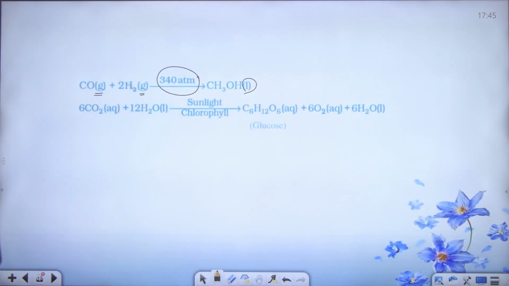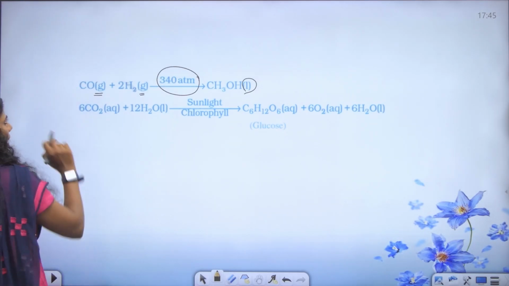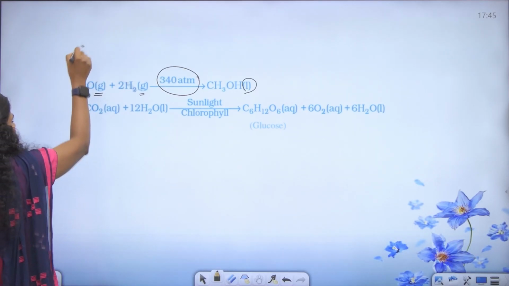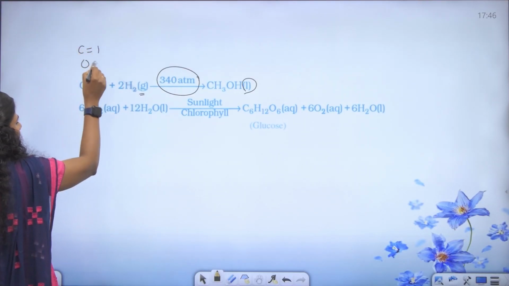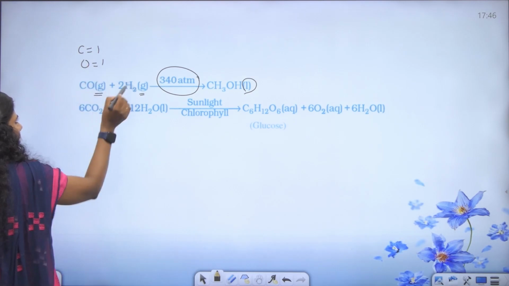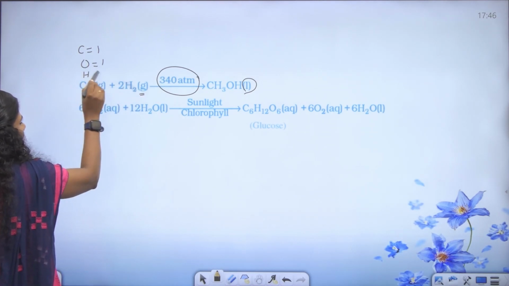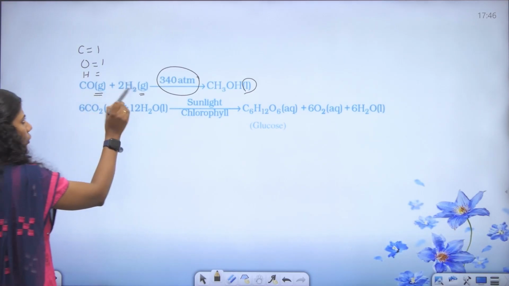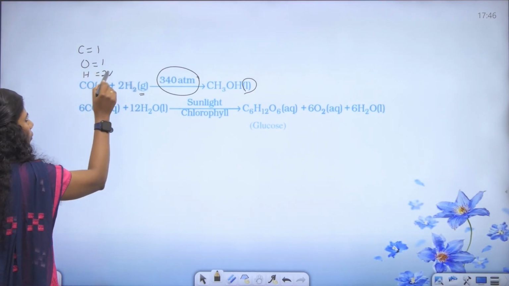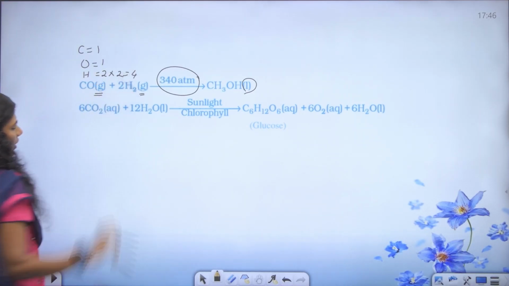Is this equation balanced? Check the number of carbon atoms on the reactant side. Carbon only 1 and oxygen only 1. Hydrogen, 2H2. One H2 molecule has 2 hydrogen atoms, so 2 H2 have 2 into 2, 4 hydrogen atoms.